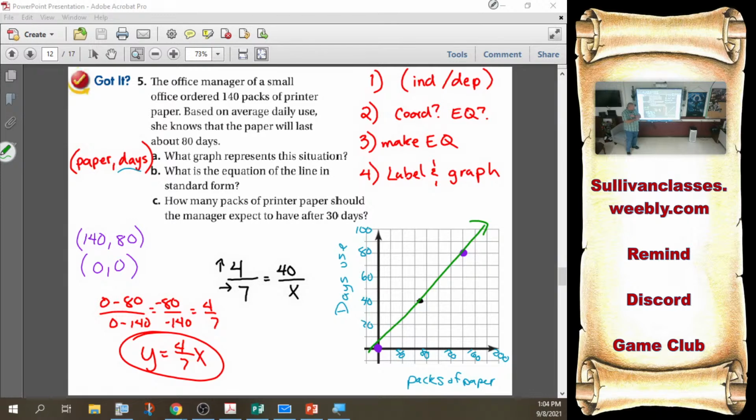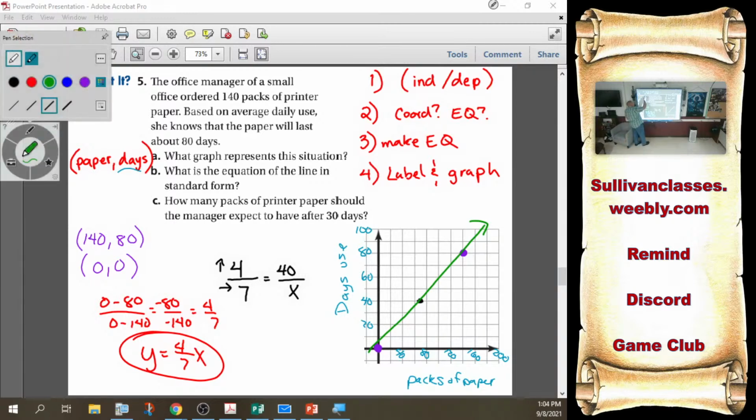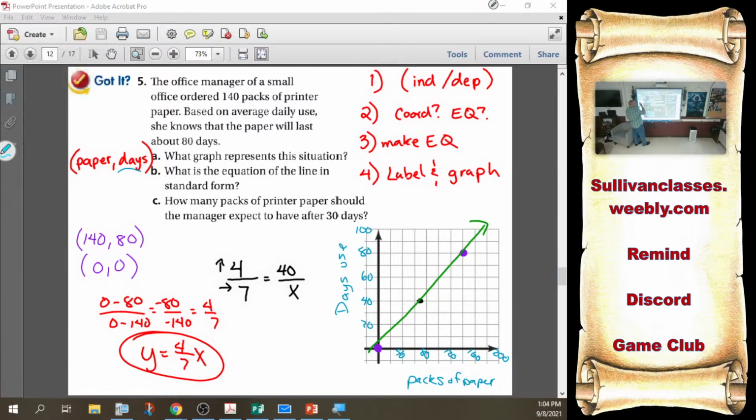Oh, wait a second. Wait a second. Sullivan did a dumb. Reading the problem explains the problem. Where do I put that? Where do I put 30?